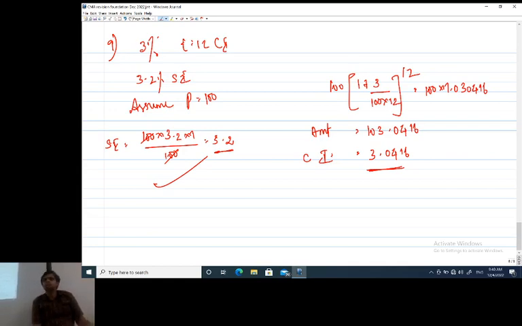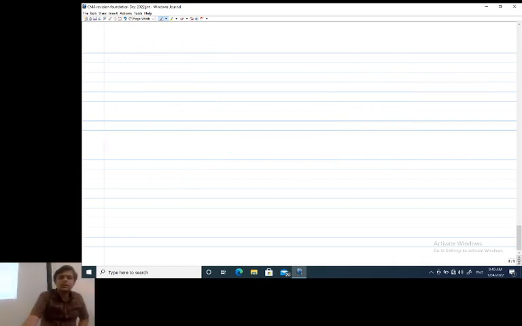Okay? Clear with simple interest, compound interest? Now, coming to the last part of the topic. I told you except where n is equal to 1, t is equal to 1, simple interest and compound interest will never match.